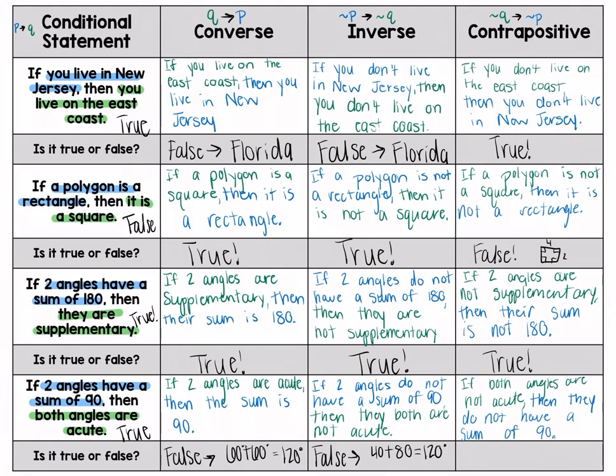And that statement is true, because if both of them are not acute, one of them has to be greater than 90 degrees, and so it's going to be over 90, so they could not have a sum of 90 degrees.